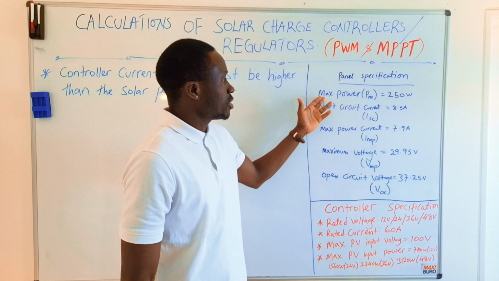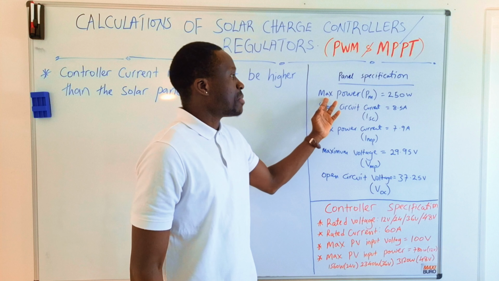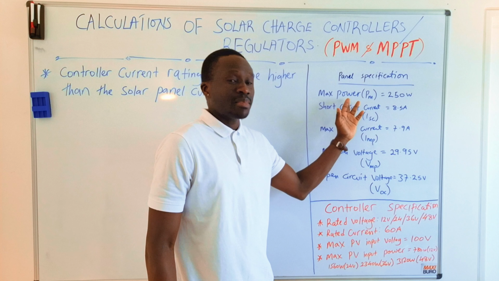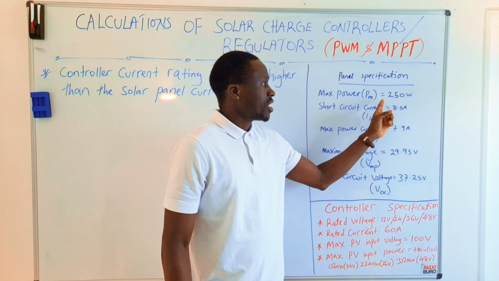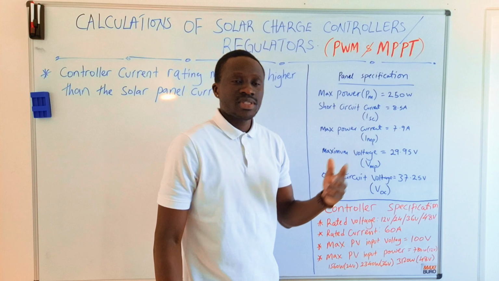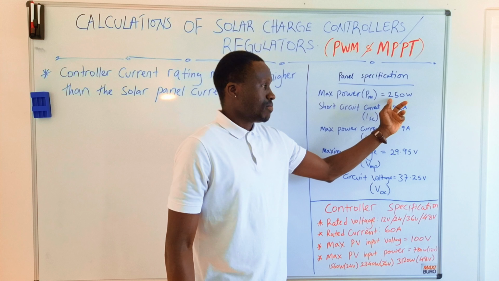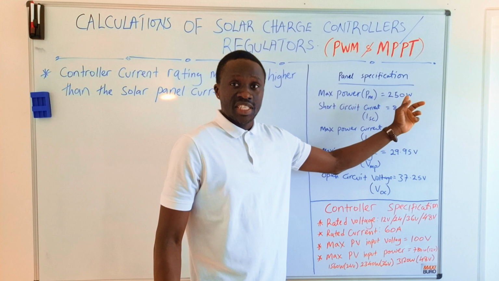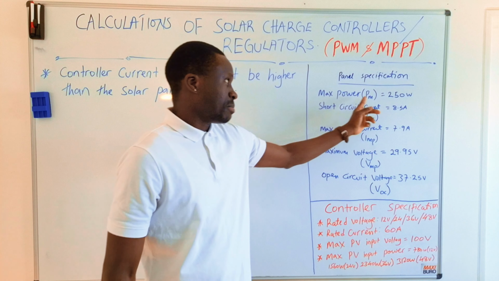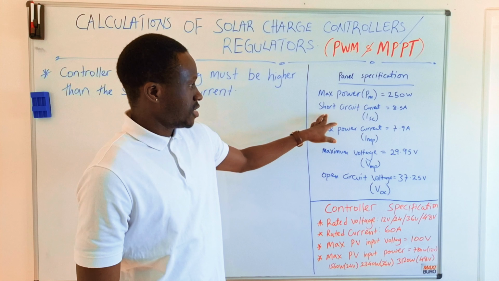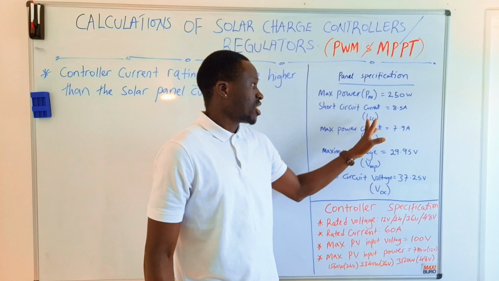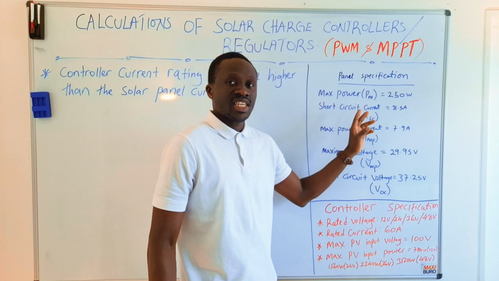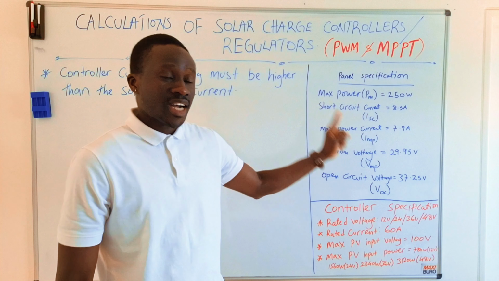In this technical information, we shall have maximum power. You'll find there maximum power written in brackets as Pm. Let us say that this panel is rated at 250 watts, the maximum power. Then the short circuit current. You'll also see the short circuit current, which is Isc, which stands for short circuit current.